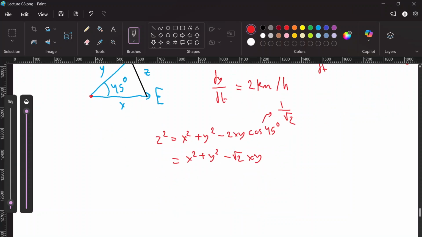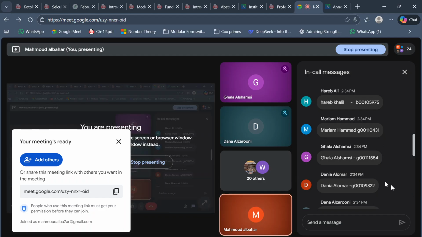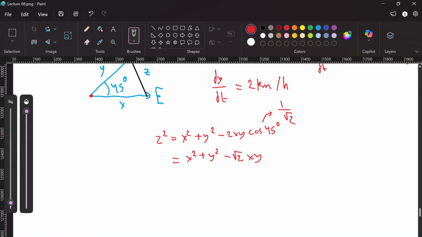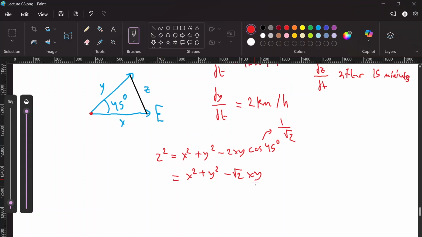Now let's differentiate. Who wants to help me differentiate this with respect to t? This formula is called the cosine rule. The cosine rule is similar to the Pythagorean theorem, but it's more general, because here the angle is not 90 degrees, it's 45 degrees.